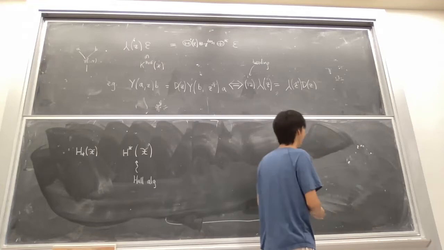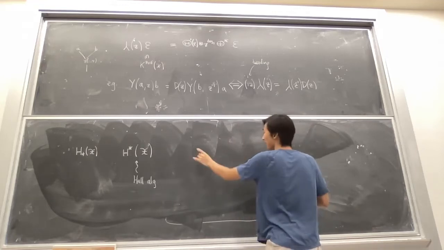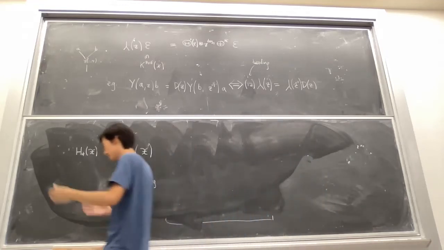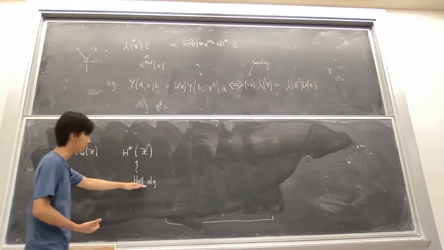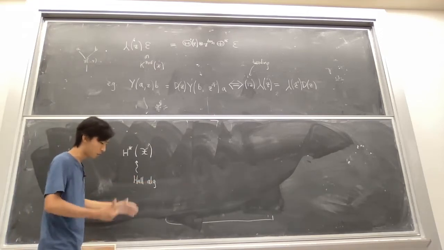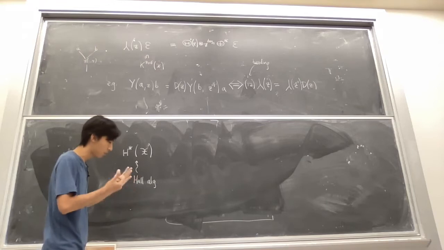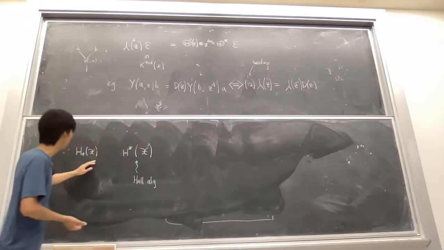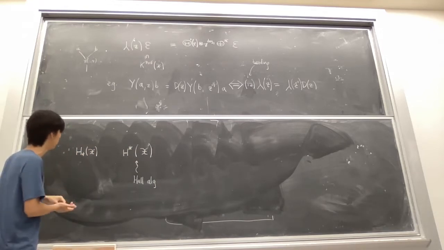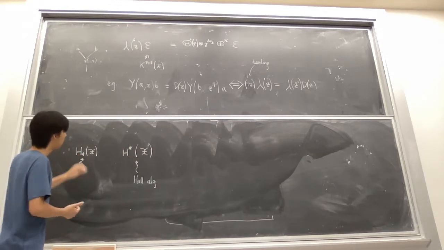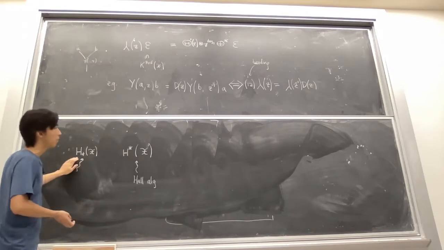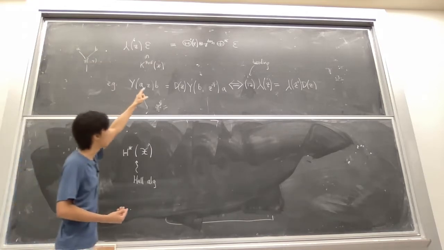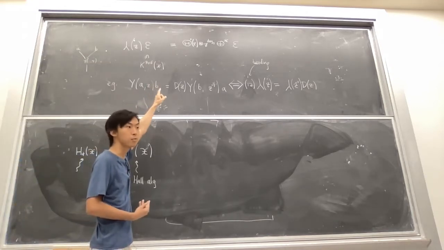I'm about to say something else. So Andre has seen 30 minutes into the future. What happens is exactly what Andre said, that the Hall algebra structure relies on a stack of extensions, which is very much non-symmetric. And so the natural comparison theorem that you will write down involves some version of this vertex algebra here, where the theta that we're going to use is not going to be a symmetric theta.